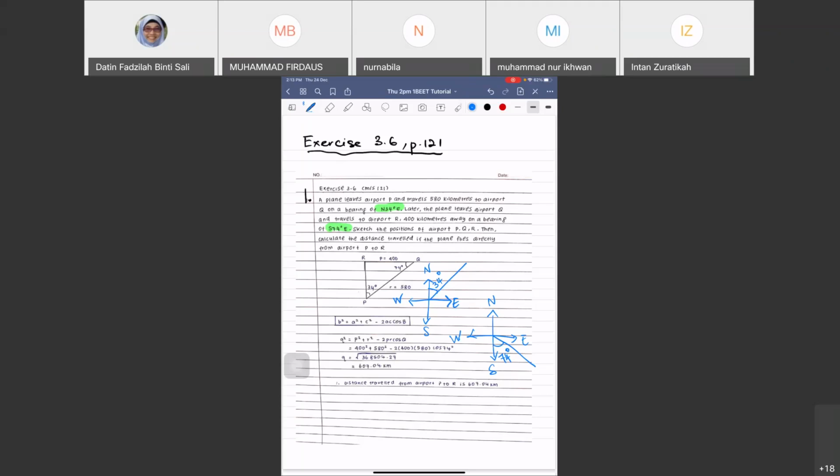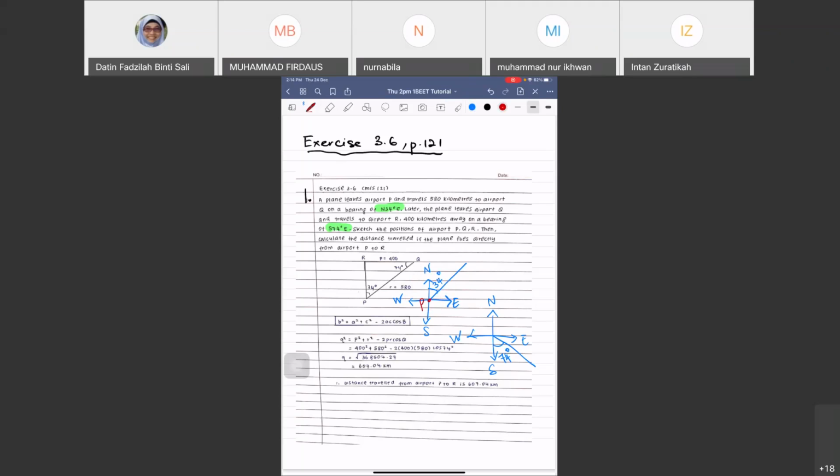When you read the question carefully, you start from airport P and travel 480 kilometers to airport Q on a bearing of north 34 degrees east. This is the one, north 34 degrees east, so P is here.